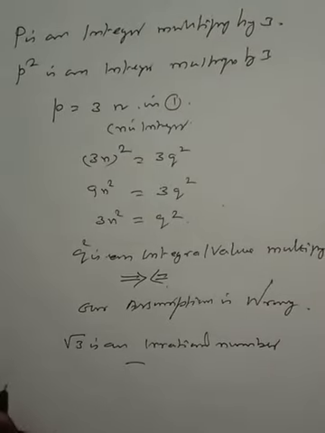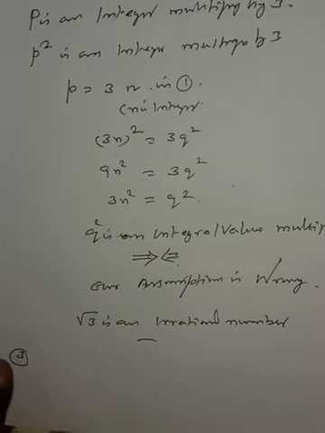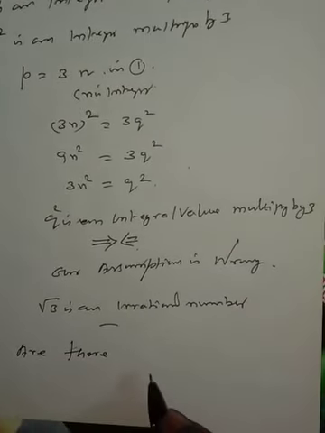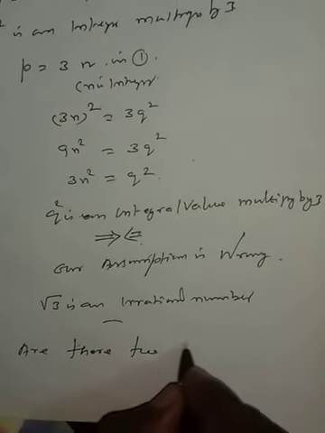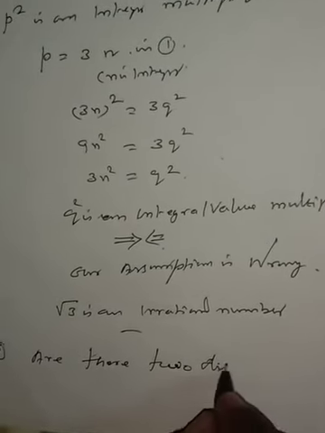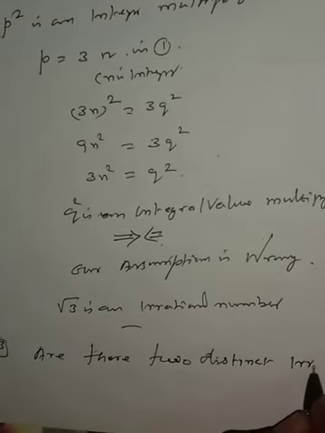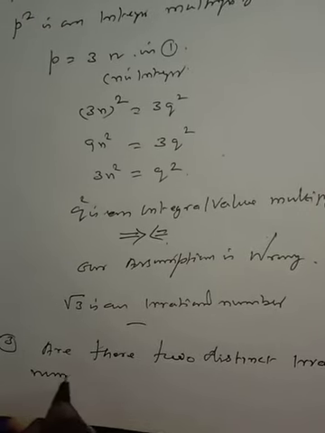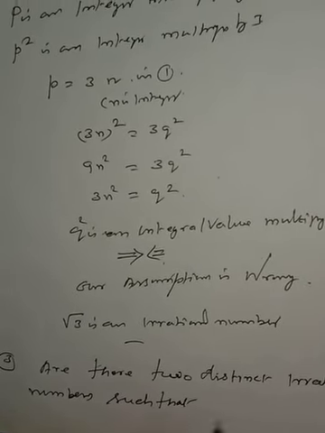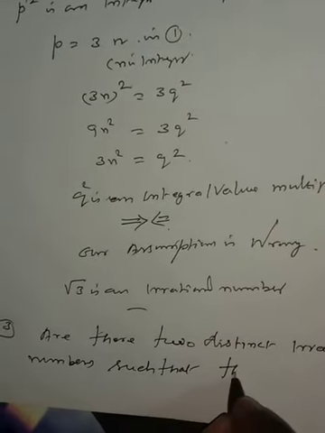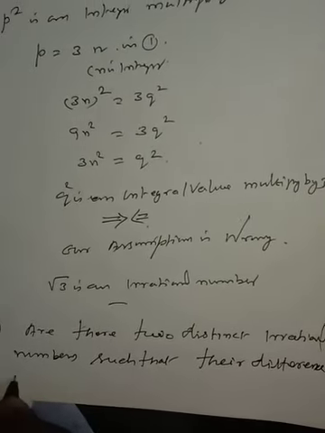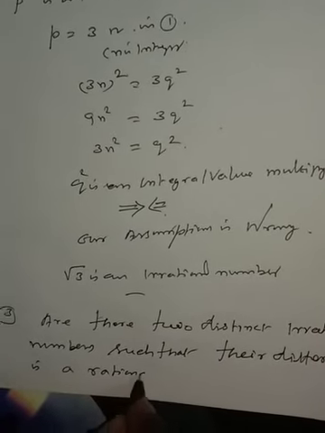This is the result. Question number 3. Are there two distinct irrational numbers such that their difference is a rational number?